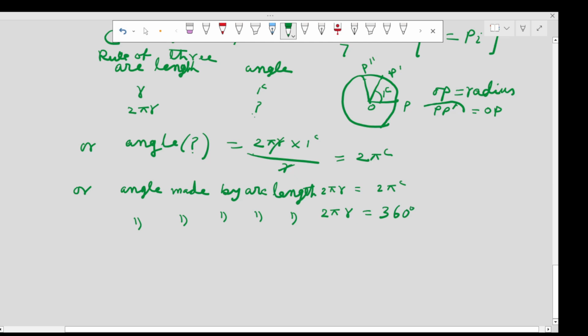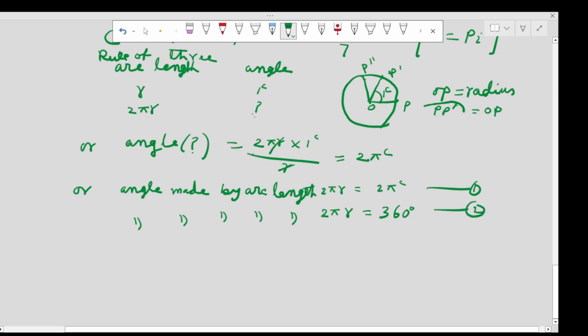So what we can conclude: left hand side same, right hand side must be same. We may call this equation 1 and equation 2 for better understanding.